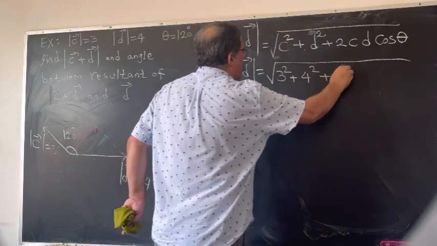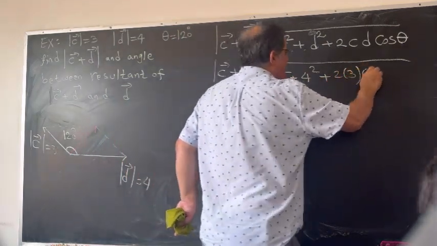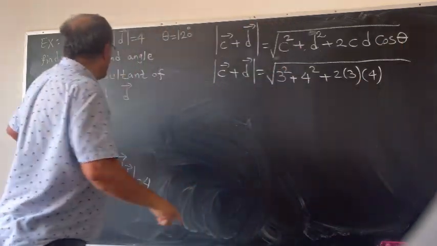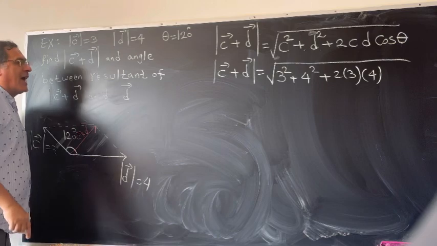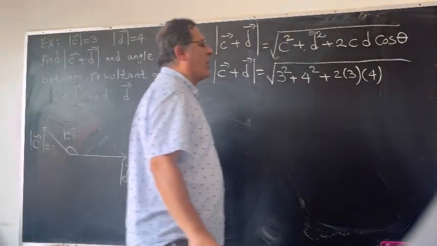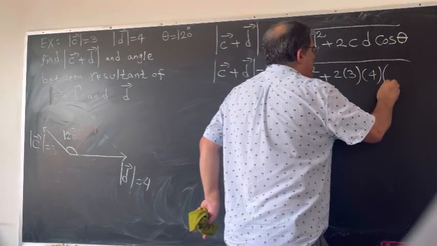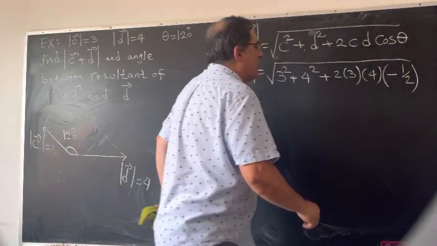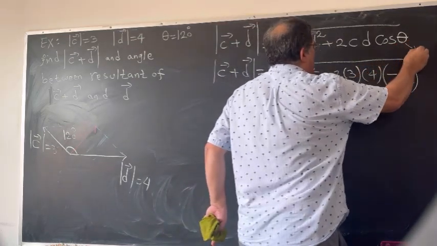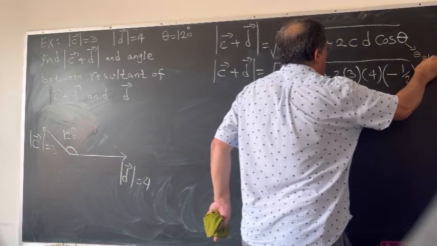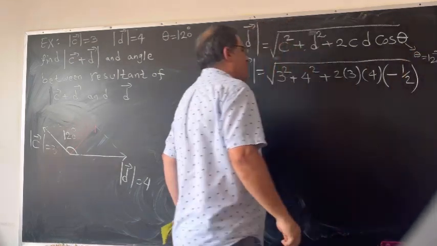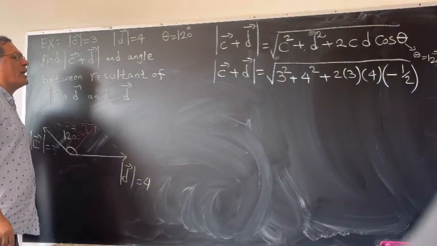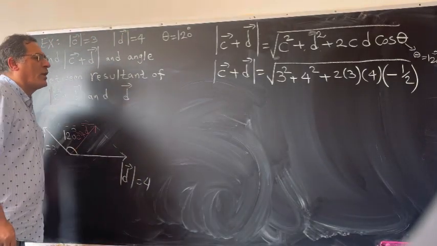Plus 2 times 3 times 4. The angle between the two vectors is 120 degrees, theta is 120 degrees, and cosine 120 degrees is minus 1 over 2.